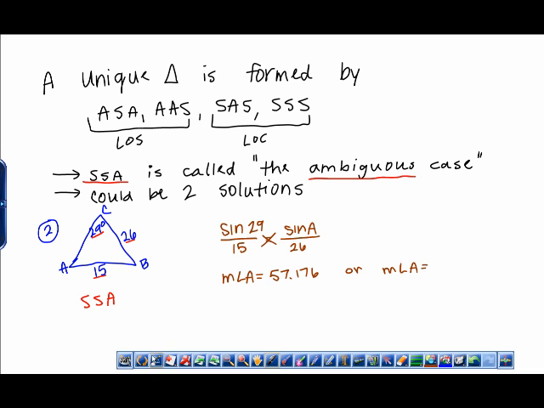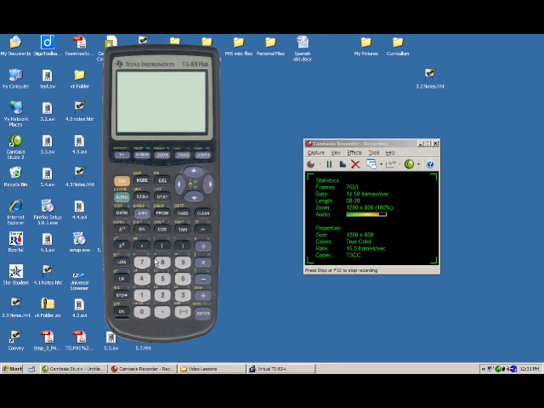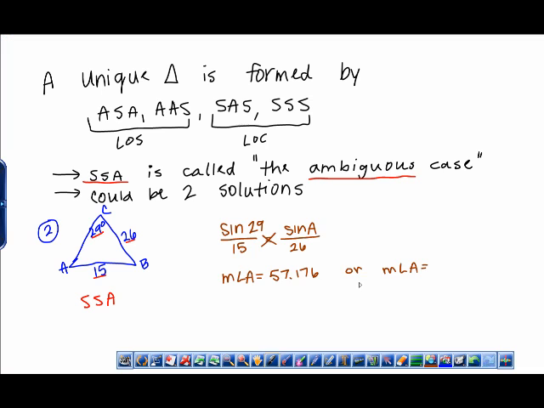I am going to show you how this happened on the calculator because this is important and I don't want to skip over this. Okay, so we did 26 sine of 29 and we divided by 15, and then we got this 0.84, and now we're taking arc sine of this right here. Okay, and I get 57.176 degrees, okay, which is what I showed you here.